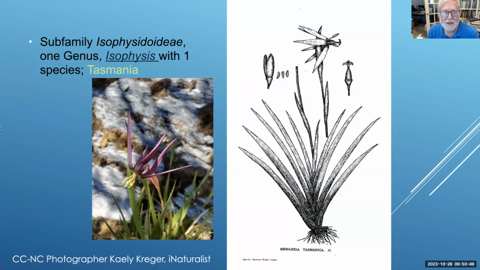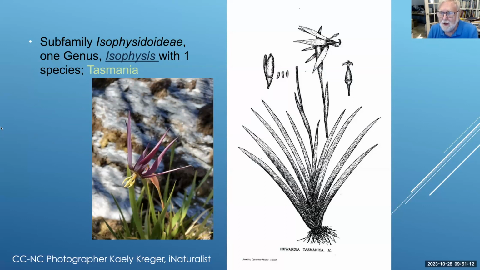Isophysis. Okay, comes from Tasmania. It's the most primitive of all the Iridaceae. If you look at the diagram on the right, you can see the ovary sticks up above the attachment of the petals, just the opposite of what I just told you about the Iridaceae.